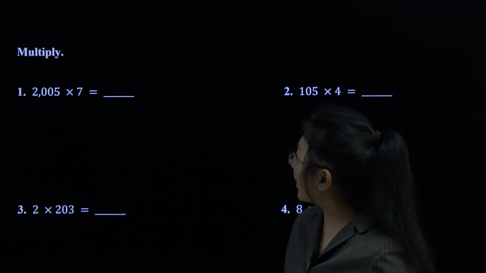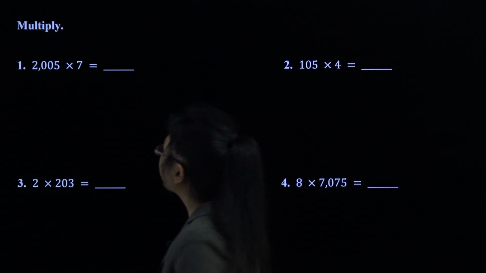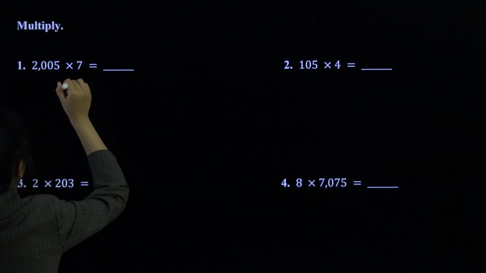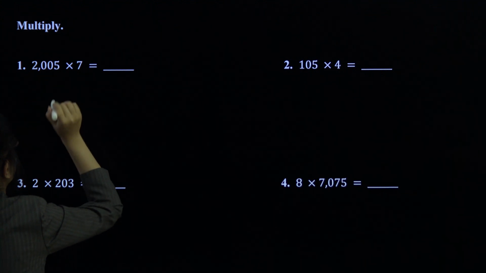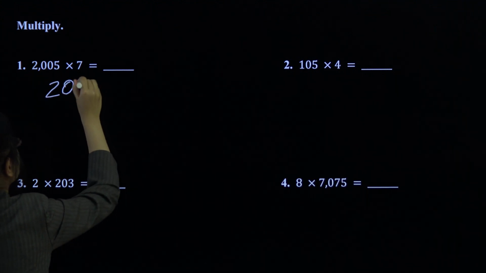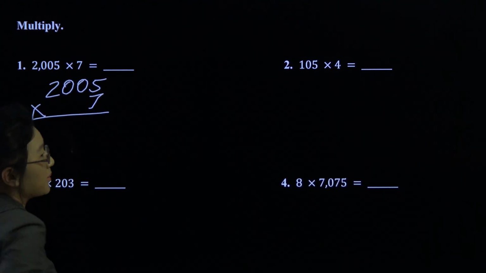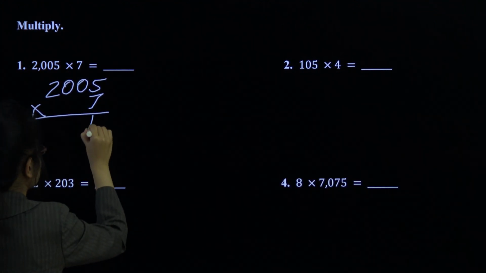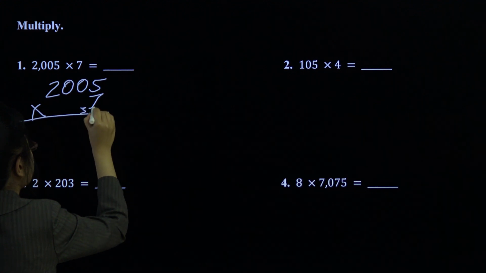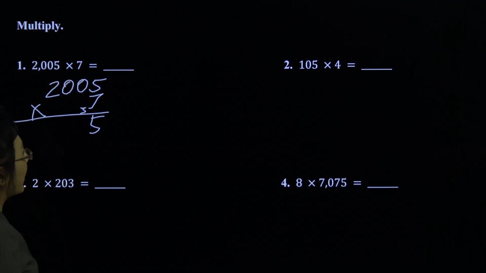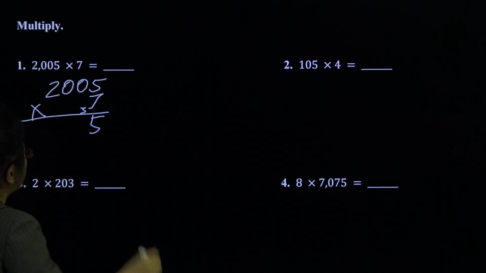So let's do some practice problems. Multiply. 2,005 times 7. So 7 times 5, 35. And then it's 7 times 0, which is equal to 0.